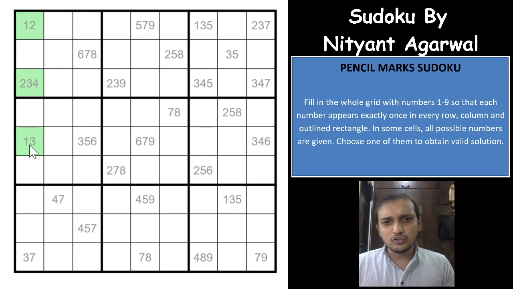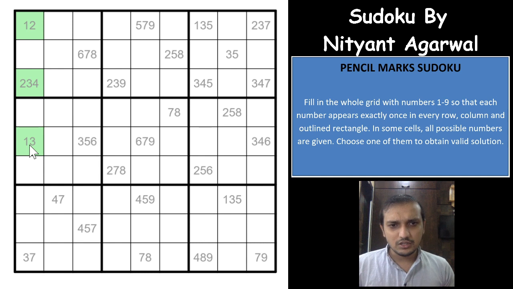If you don't have an almost locked set, if you have the number of cells and number of candidates equal, then that becomes pairs or triplets, right? You have 2 cells and 2 candidates, that becomes a pair. If you have 3 cells and 3 different candidates, that becomes a triplet. But when you have n plus 1 candidates, where n is the number of cells, that becomes an almost locked set, ALS.